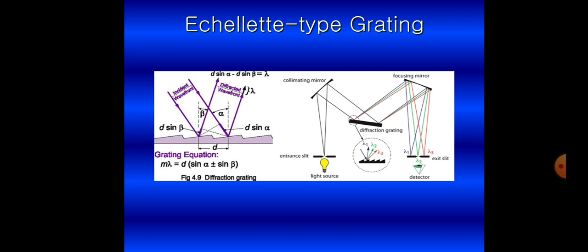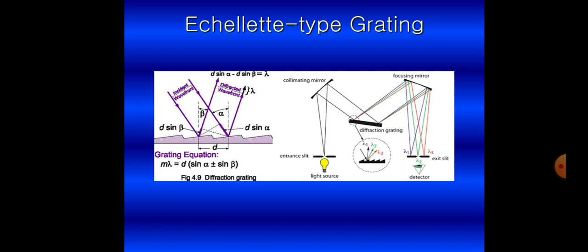Here you can see the structure of an Echelette type grating. That is an important type of grating. On the left side you can see that the reason a grating can disperse or diffract different wavelengths is the constructive and destructive interferences of different wavelengths.